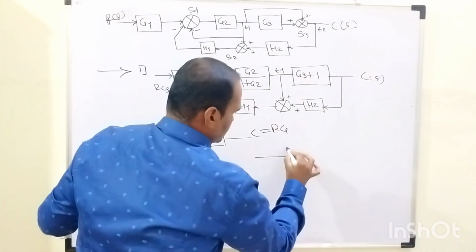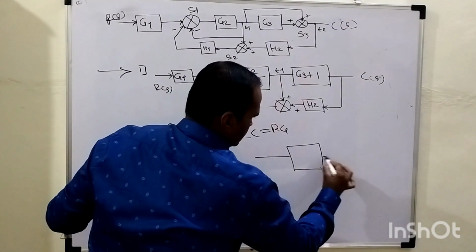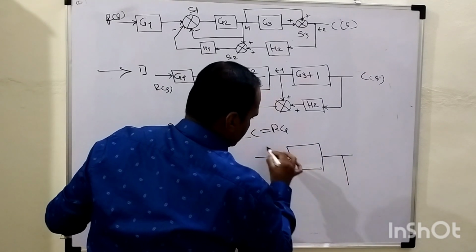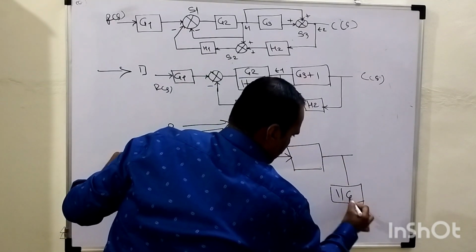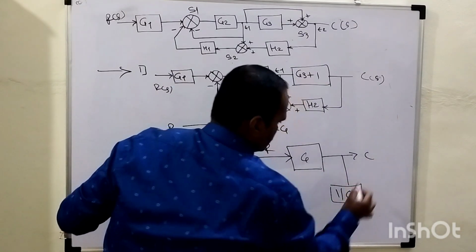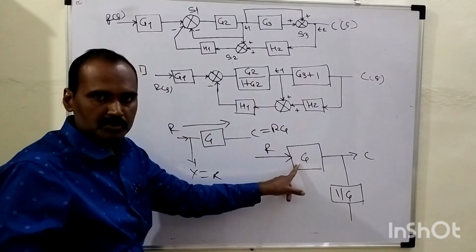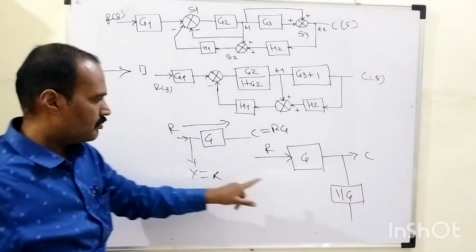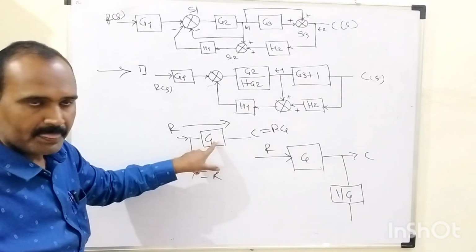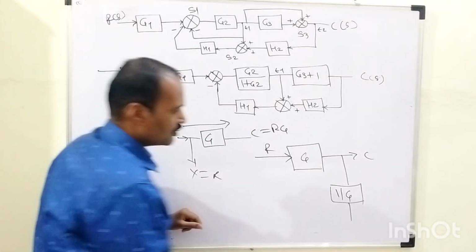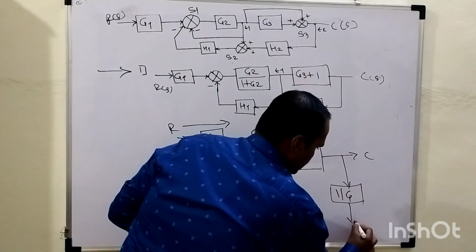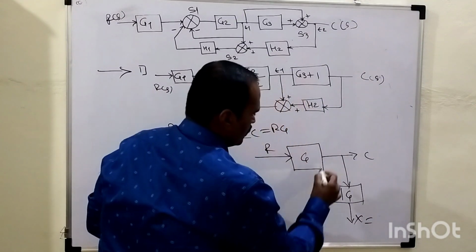In order to shift this takeoff point after this block, we need to add one more block whose gain is exactly the reciprocal of the original block, that is 1 over G. Then and only then can we retain these two statements. As a result, this is the magnitude of this takeoff point.